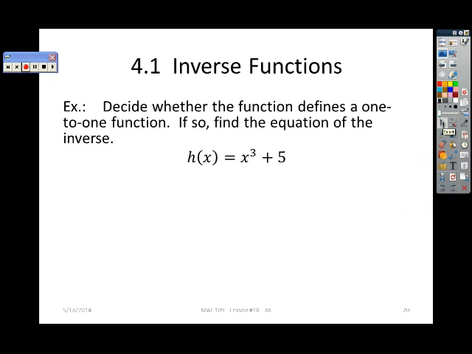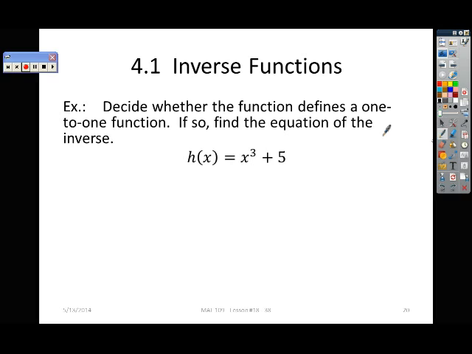Because here, what we have is the basic function x cubed with something added outside the function. The basic shape of x cubed is what? That's a one-to-one function.